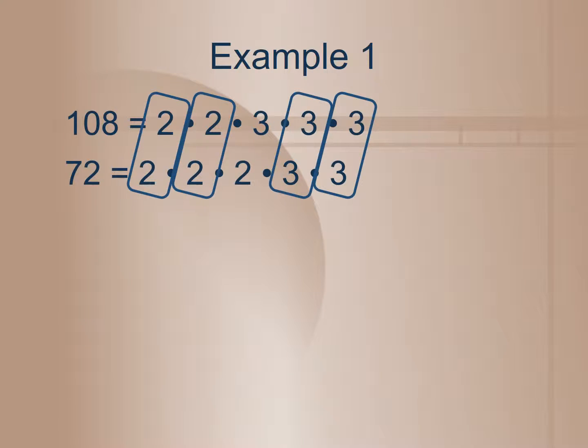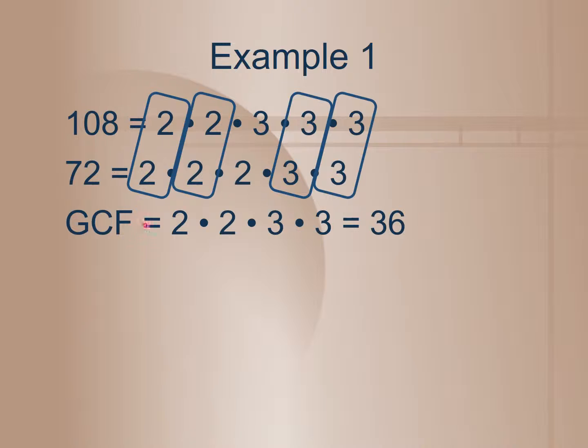Here's one pair, and here's another pair, and here's another pair, and then here's another pair. So our greatest common factor is going to be 2 for this pair, times 2 for this pair, times 3 for this pair, times 3 for this pair. So 2 times 2 times 3 times 3, and we get 36. So the greatest common factor of 108 and 72 is 36.